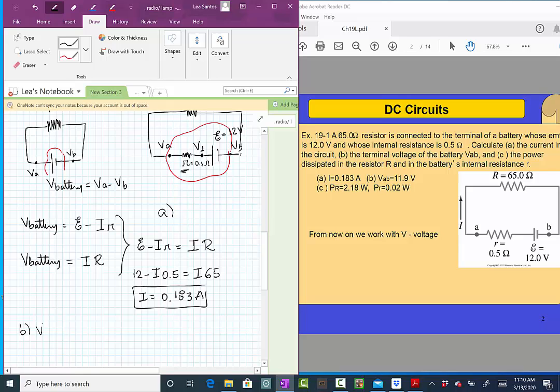Either we go with the first equation, and the potential difference of the battery is our EMF minus Ir. EMF is 12, the current, now we know, is 0.183, and little r is 0.5. If we do all that, we are going to get 11.9.